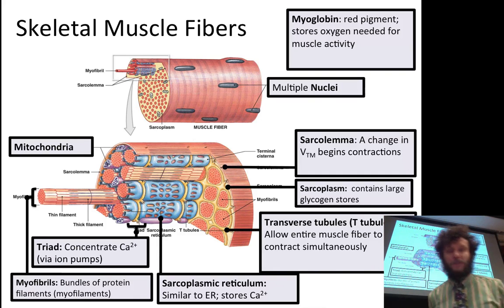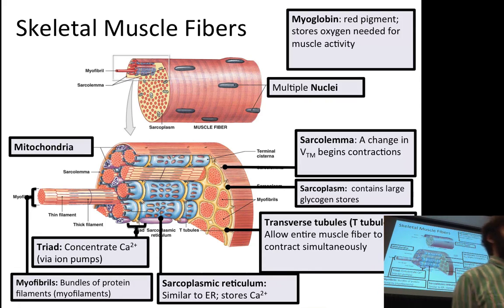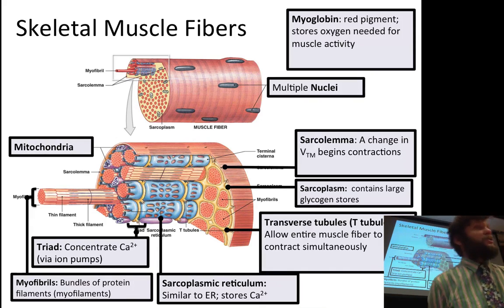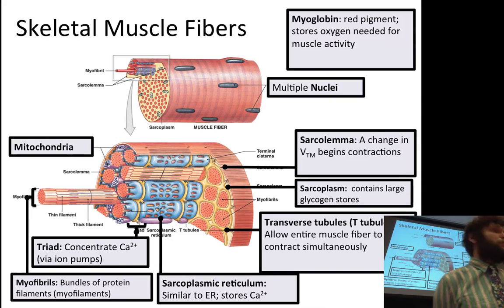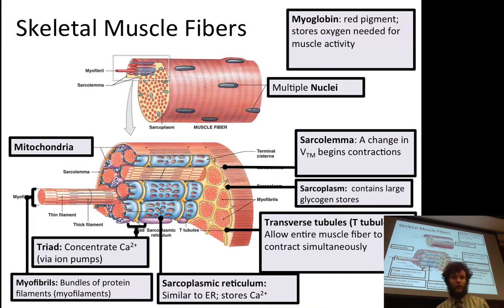The transverse tubules are right next to another membrane-delimited compartment called the sarcoplasmic reticulum. It is the muscle version of the endoplasmic reticulum. It is a massive repository for calcium. It's where we store calcium in the cell, and calcium is going to become an important player in contraction. At the ends of these sleeves of sarcoplasmic reticulum are these terminal cisterna.